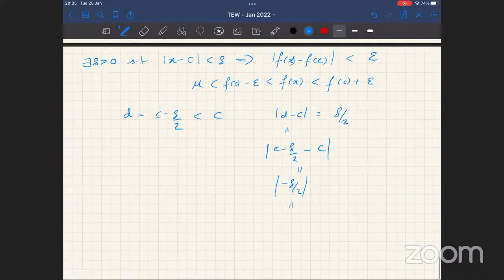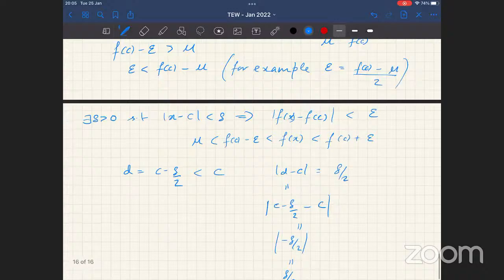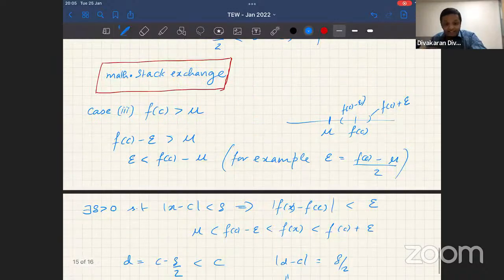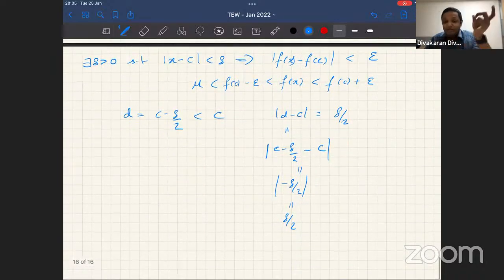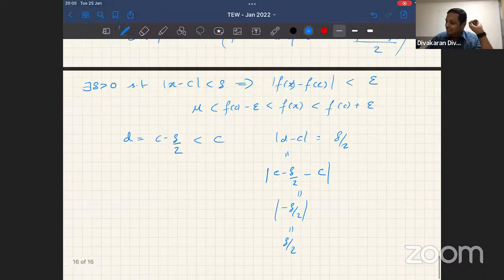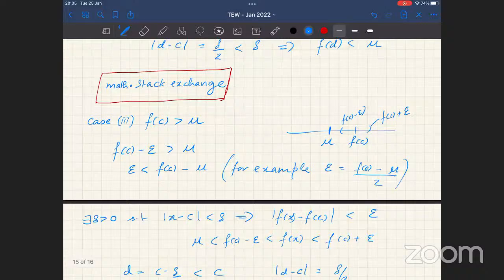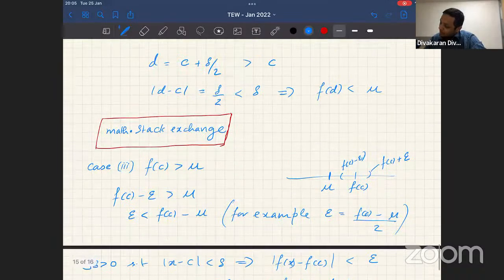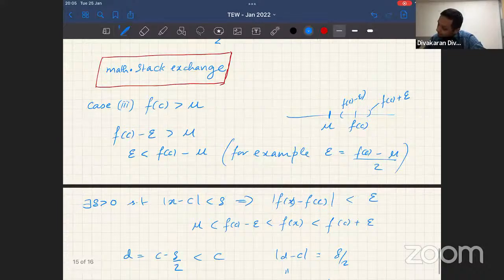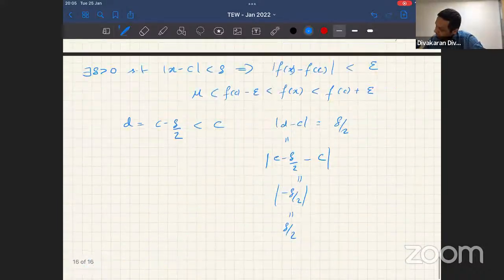Here we are actually coming up with a contradiction for something else.